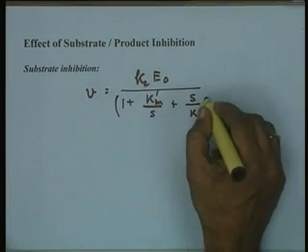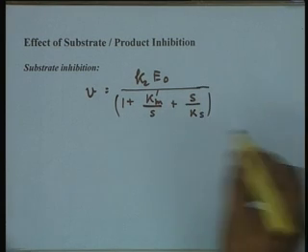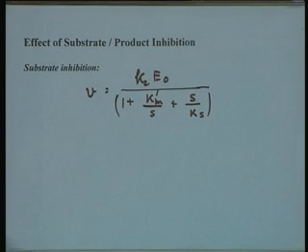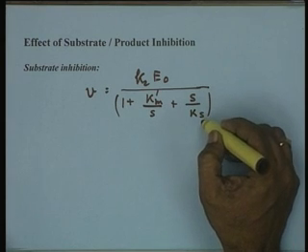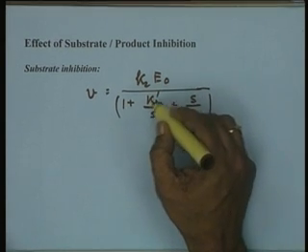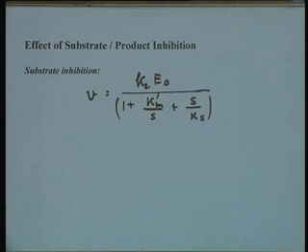Now, Ks is the substrate inhibition dissociation constant, and Km the natural Km value for the reaction. If you recall, we discussed substrate inhibition kinetics, in which the excess of substrate causes binding of two substrate molecules to the enzyme molecule, which becomes a dead end complex.